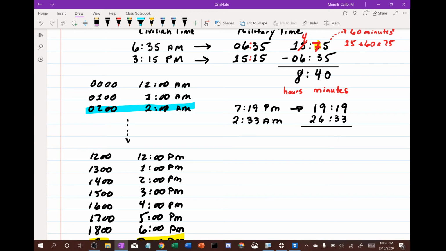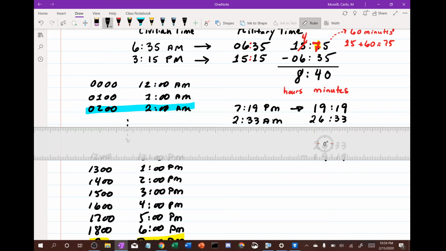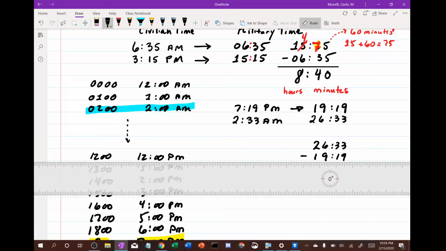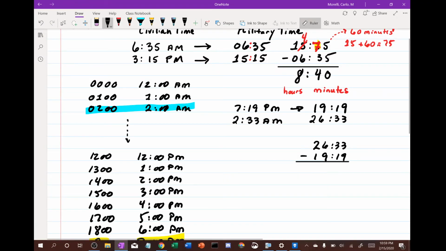Well, now you want to subtract these, but you need the bigger number on top. So you do 26:33 minus 19:19, and now you got to borrow. So here it's okay to borrow.